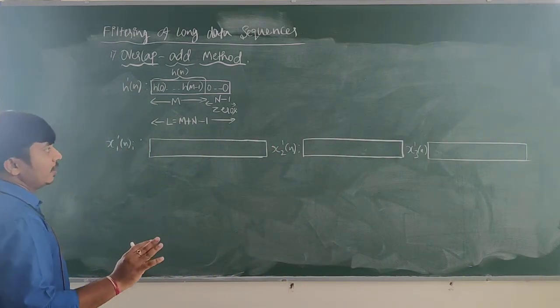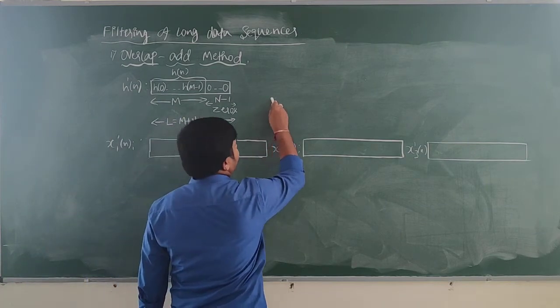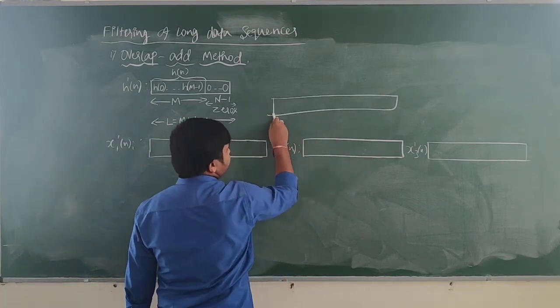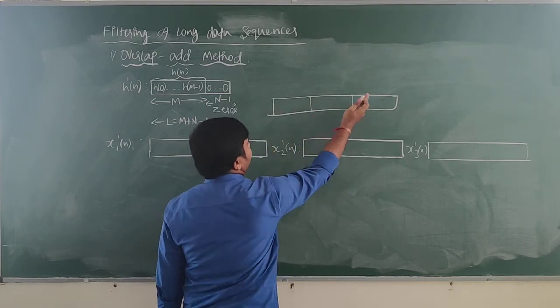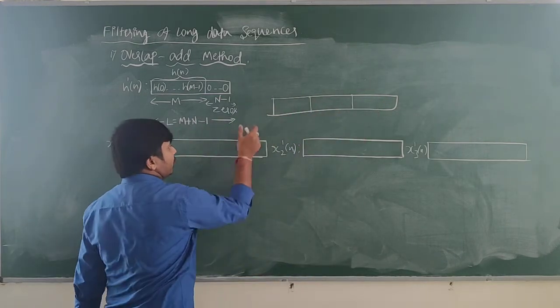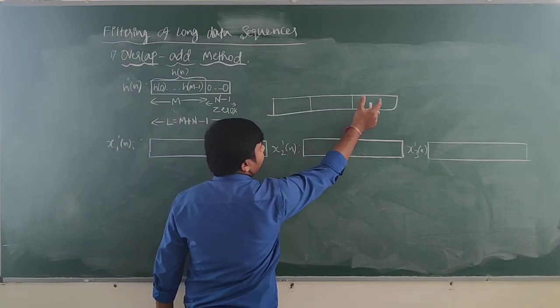So what I have done here is I have taken a long input sequence and split it into different blocks. These are those blocks: x1 of n, x2 of n, x3 of n.